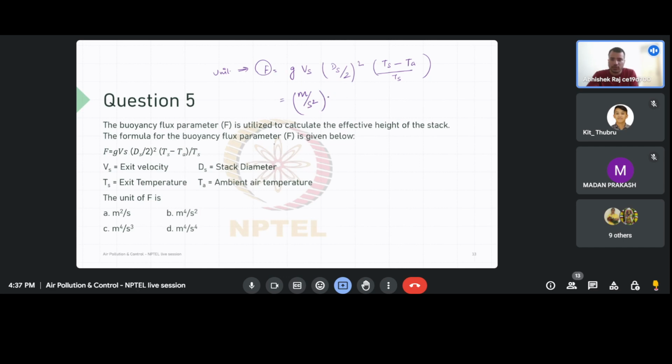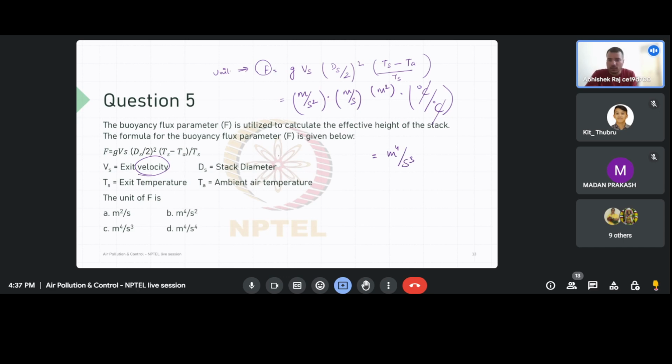Vs is exit velocity, that will be meters per second. ds is diameter, so meter square. And then Ts minus Ta will be a temperature, Ts will be a temperature, so it will be degree Celsius divided by degree Celsius. So this we can remove. So we will be left with meter power 4 divided by second cube.